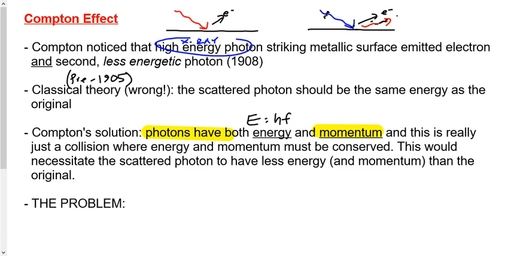Photons don't have mass. So, how do we reconcile this? Well, Compton said basically that photons have momentum, but we've got to establish how they can have momentum when they don't have any mass.